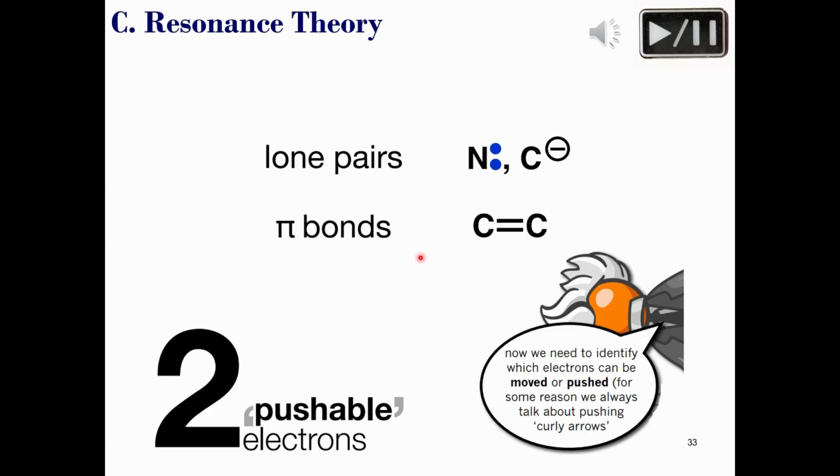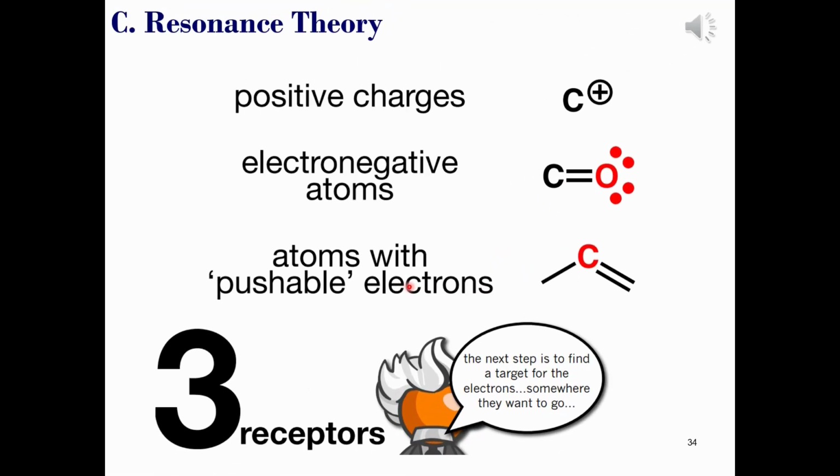Once we've started moving the electrons from a source of high electron density, starting at the tail of the arrow, we need to move the pair of electrons to a receptor site or a sink. We use the head of the arrow to represent the intended receptor or sink. There are three possible sites that you can move a pair of electrons to. The first is towards a positive charge, as these will have empty p orbitals that are capable of accepting an electron pair.